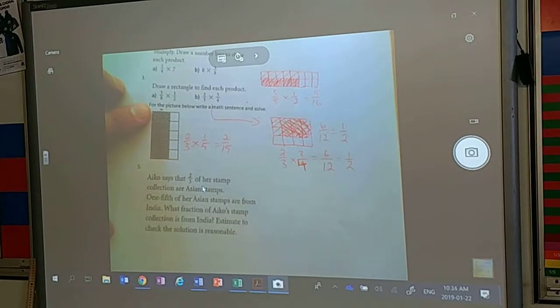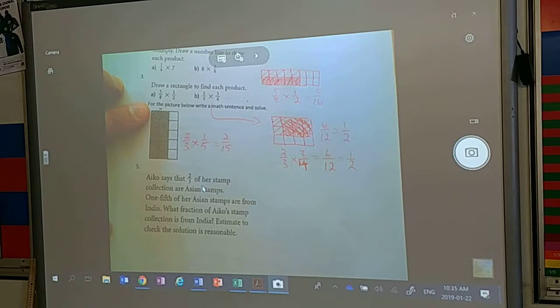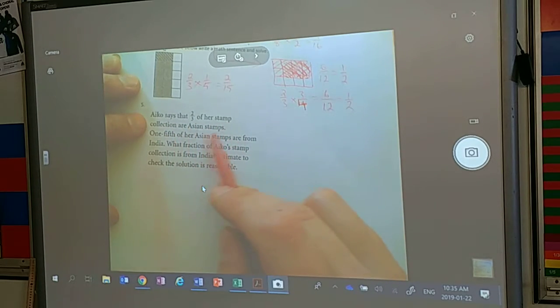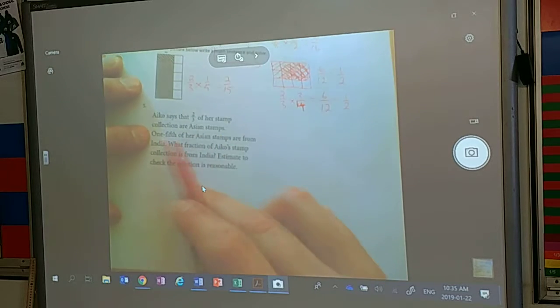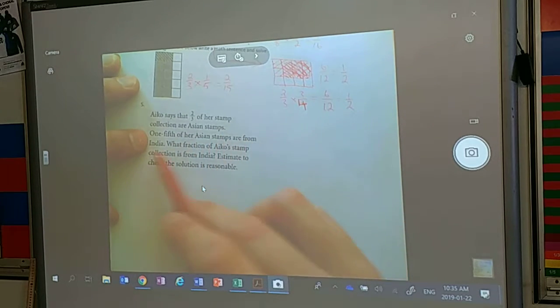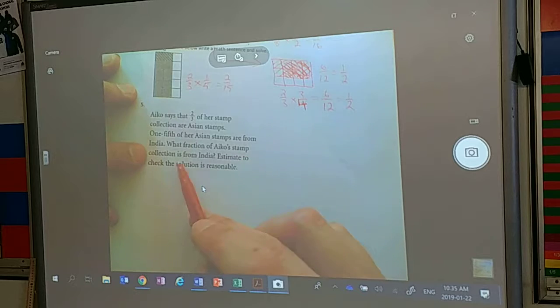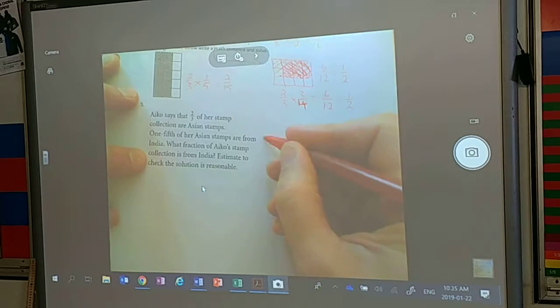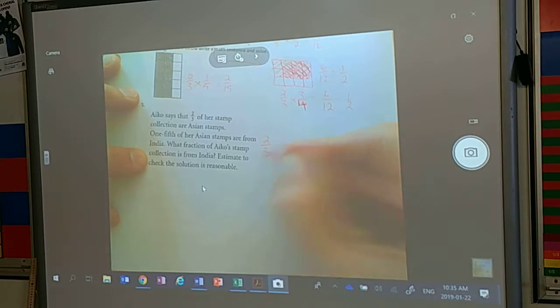Not many kids catch this, but check out the word question below. Aiko says that 2/3 of her stamp collection are Asian stamps. 1/5 of her Asian stamps are from India. What fraction of Aiko's stamp collection is from India? Estimate to check the solution is reasonable. Wait a minute. 2/3 of her stamps.